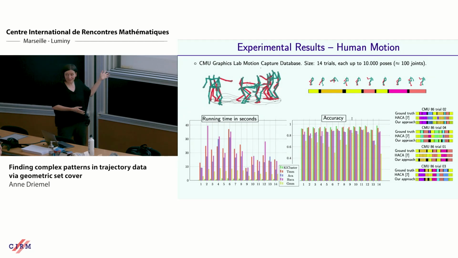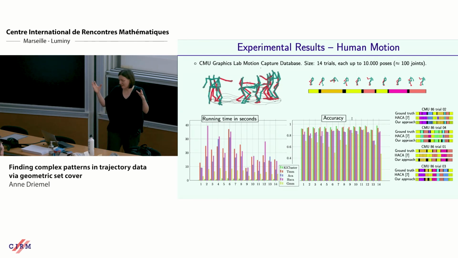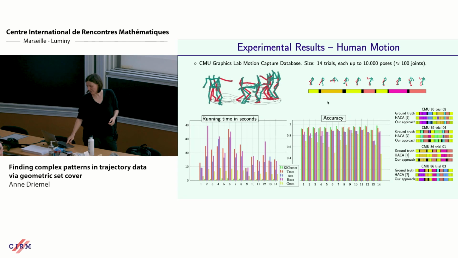So it actually works, this set cover way of defining subtrajectory clustering. This is a data set from the CMU Graphics Lab motion capture database, where the task is to find these sections of movement, like jumping or walking and so on. And there's a ground truth you can compare to.